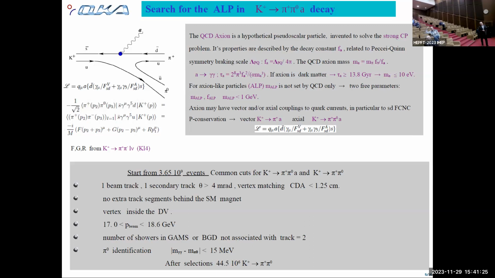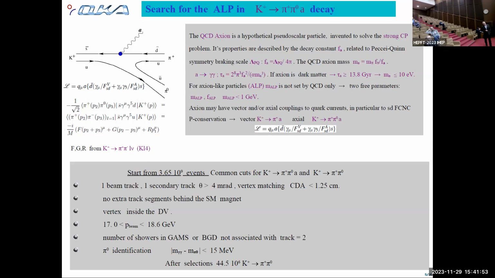Then the matrix element can be related through isospin symmetry to the matrix element of K plus to pi plus pi minus, and this is known from Kl4 decay. There are three form factors which are measured.